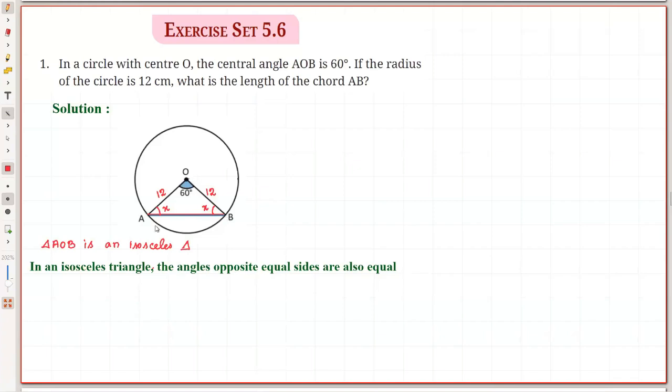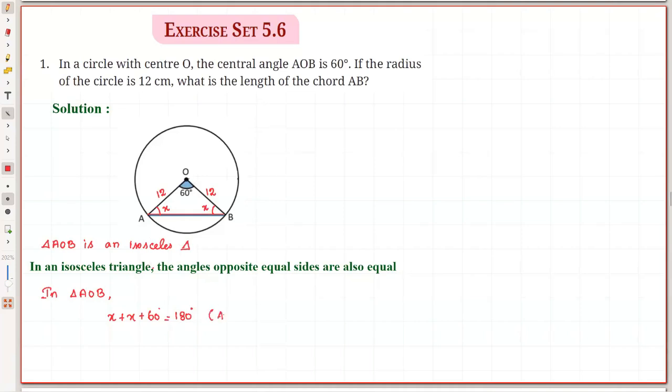Again, I can use the angle sum property of a triangle. In triangle AOB, using the angle sum property, I can write X plus X plus 60 degrees is equal to 180 degrees. The sum of three interior angles of a triangle is 180 degrees.